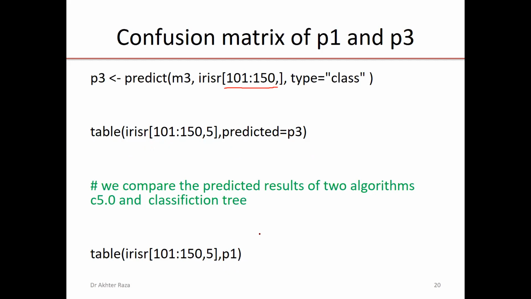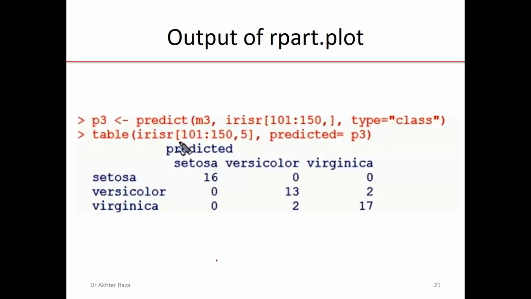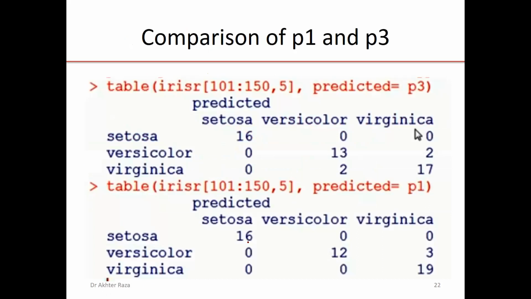Now we have the two contingency tables for comparison, by rpart and by C5.0. The first one is P3, the second one is from P1. P1 is by C5.0 and P3 is by rpart.